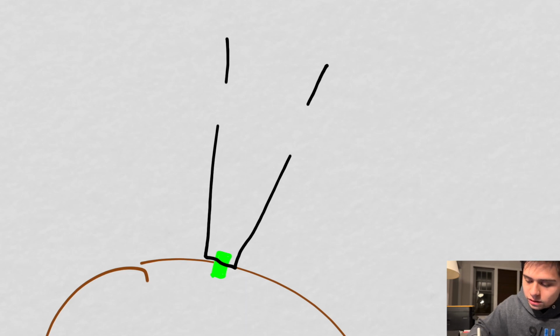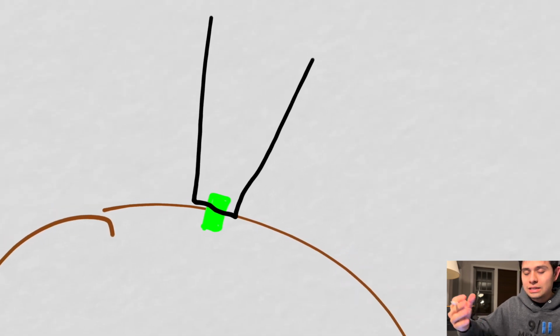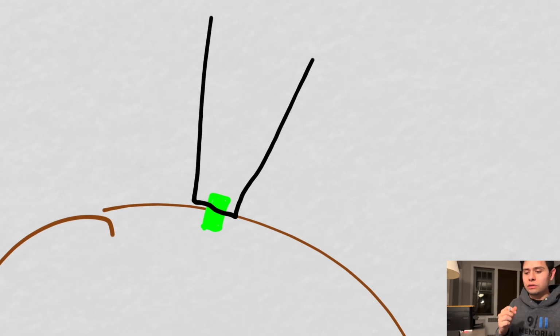You're selecting a small patch on the cell, and then essentially what you do, again, I'm not going to get into the details right now, but you apply any concentration of ligand that you want in here.